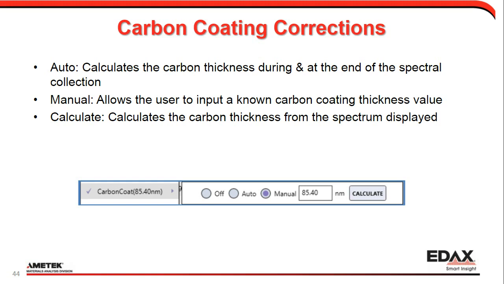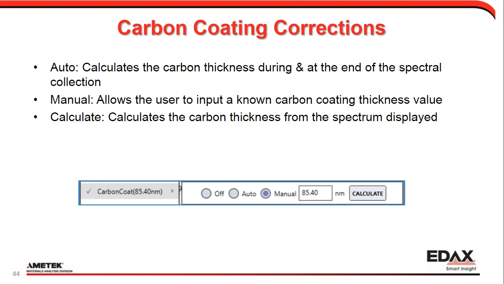Carbon coating correction comes with three options: auto, manual, and calculate. You should use auto if your sample does not contain carbon, and it will automatically calculate the carbon coating thickness. The thickness is based on the height of the carbon peak in the spectrum.